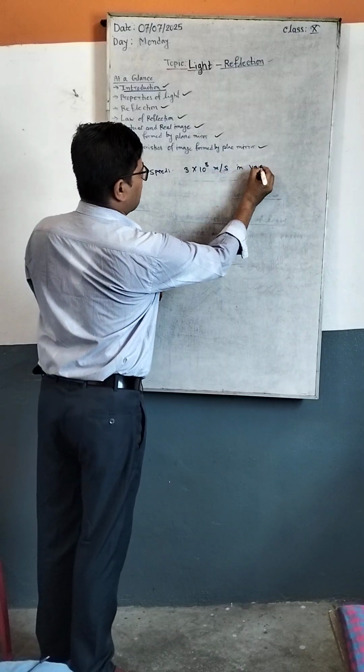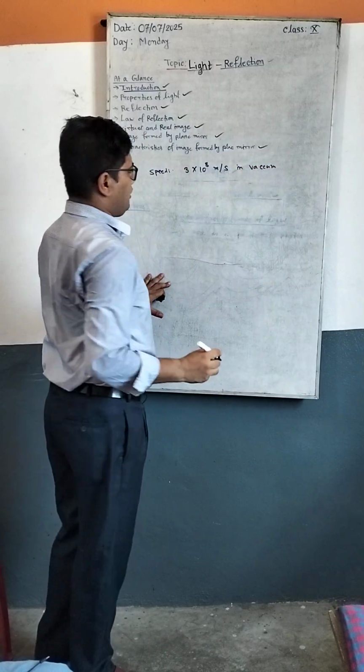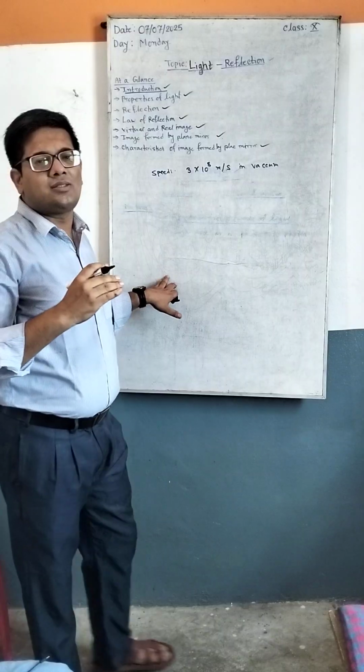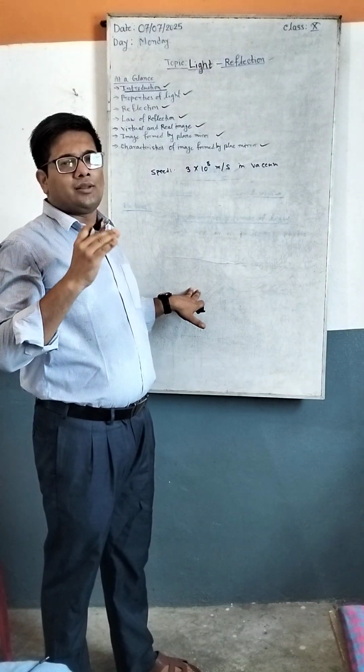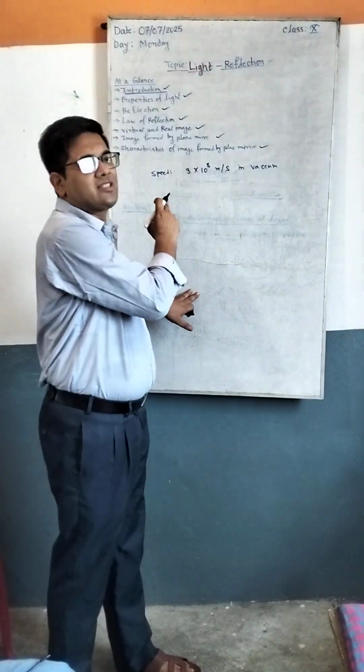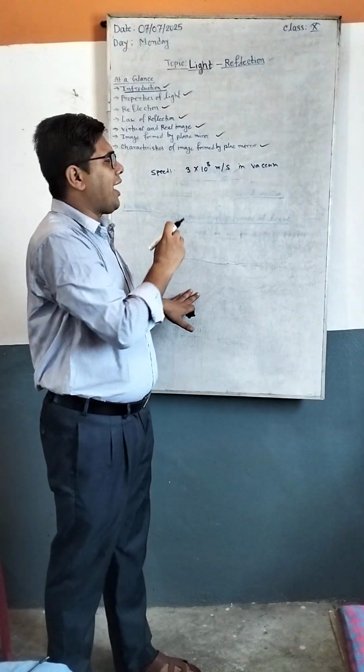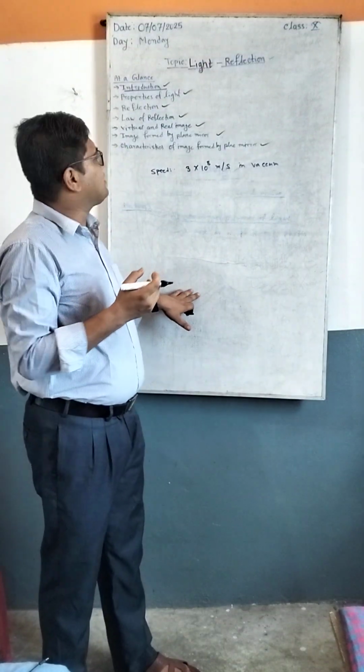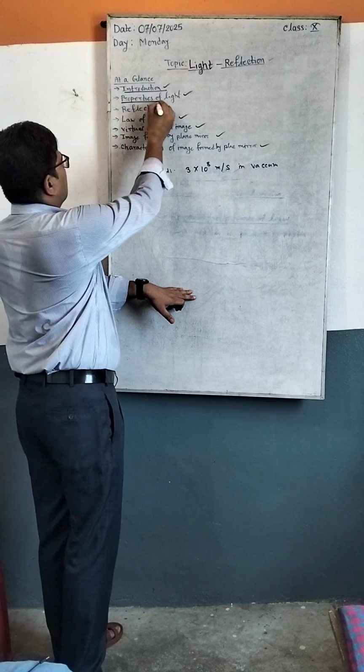This means when light travels, it does not require any medium. At that time it has a very high speed, 3 into 10 to the power 8 meters per second. This is the first property of light.